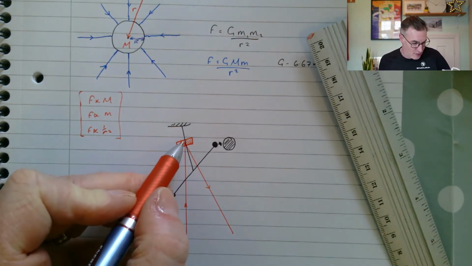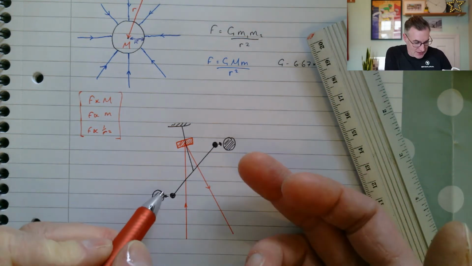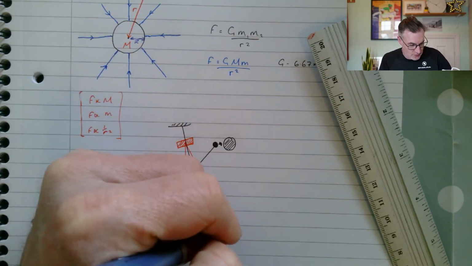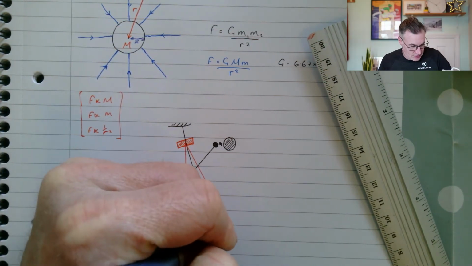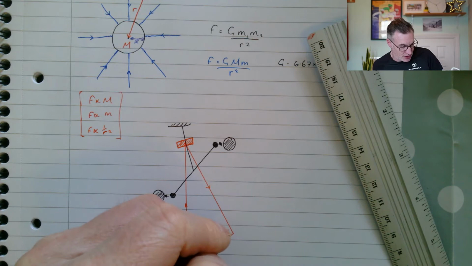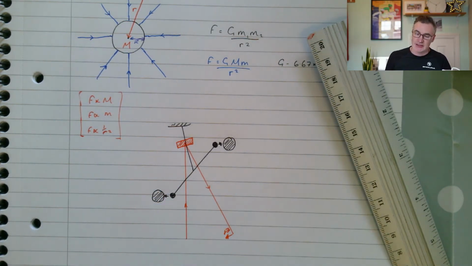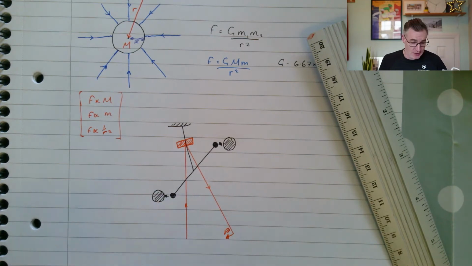Now as this bends, the angle that it is going to move is going to change, and if we can then measure the amount that it moves, then we can get the amount that is turned, and from that point then we can determine our big G.